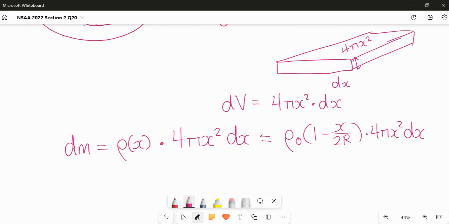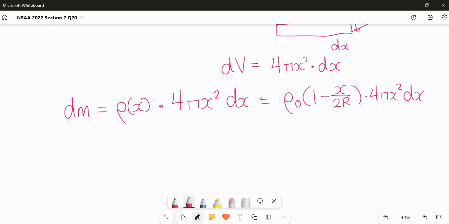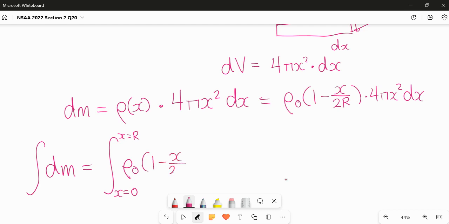To get the total mass, we'll just need to sum up all these individual contributions. Summing up infinitesimals is just integrating. So if we sum these up, dm, we just get the sum between x is 0 at the center and x is r at the edge of the sphere of ρ0 times 1 minus x over 2r times 4 pi x squared dx.